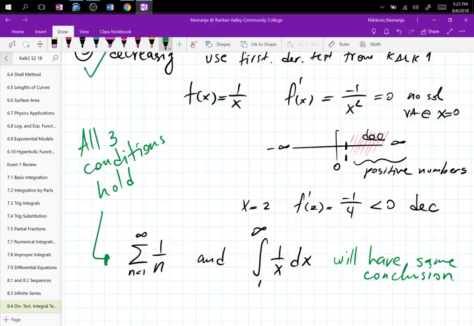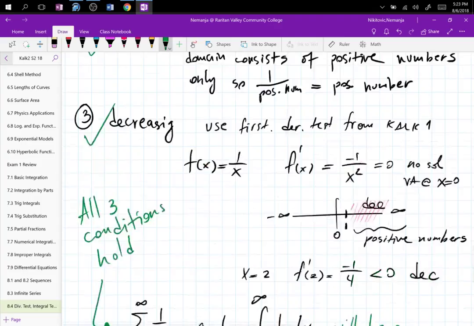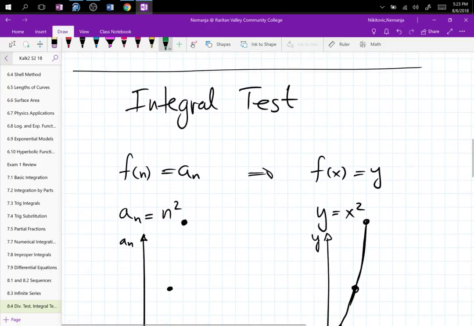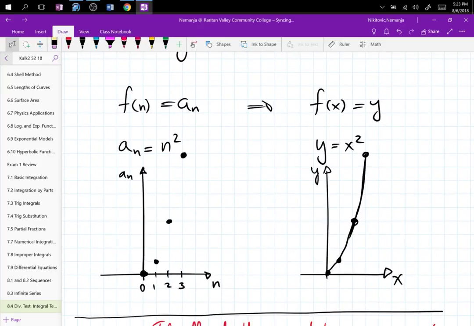What function is not decreasing? You know the example where I showed you the connection between the discrete and continuous world? Which function have I used? I used x squared, right? It's right here. Is it continuous? Yes. Is it positive? Yes. Is it decreasing?